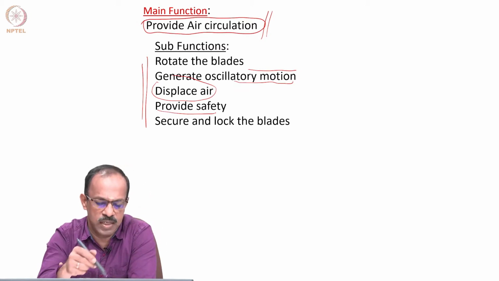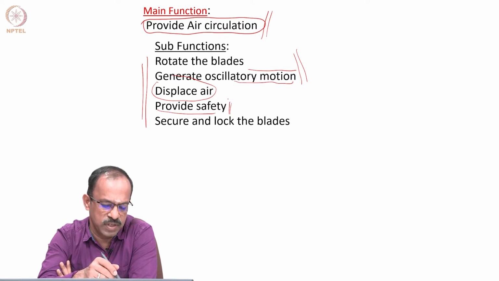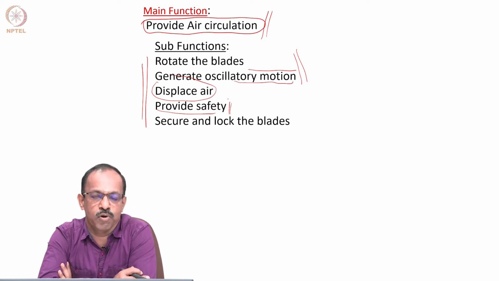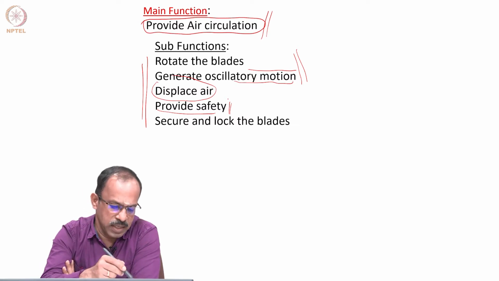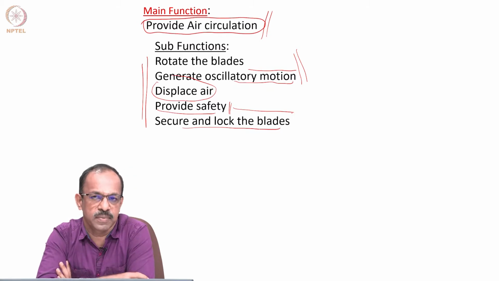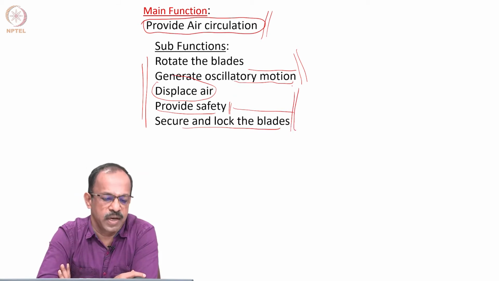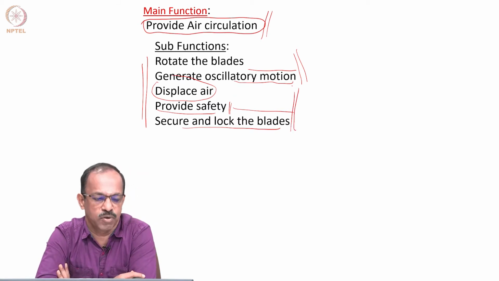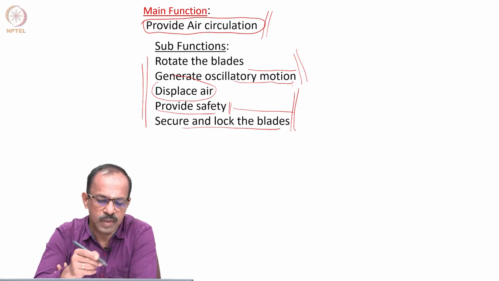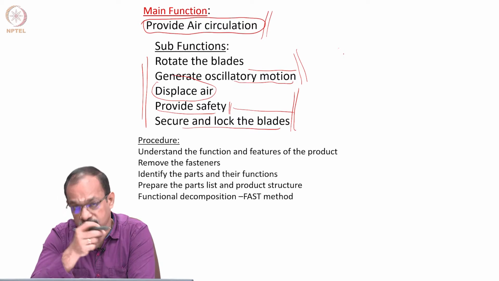In addition to that, it has to provide safety features so that it does not hurt the people around the product, and the blade and other things should be secured onto the assembly. So these are the other requirements to be satisfied in order to get the air circulation happening because of the product. Now we'll see how to do this decomposition.